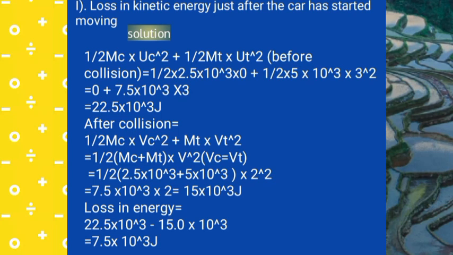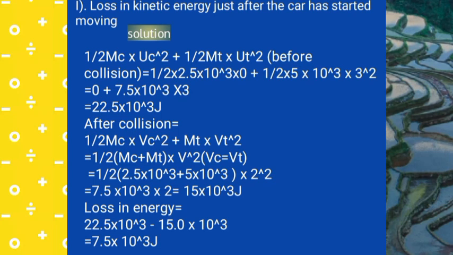The initial velocity of the car is 0. For the tractor, half times 5 times 10 raised to power 3, which is the mass of the tractor, times 3, which is the velocity. And we know that it is velocity square, so 3 raised to power 2. And then we get 0 plus 7.5 times 10 raised to power 3 times 3. And our answer is 22.5 times 10 raised to power 3 joules.